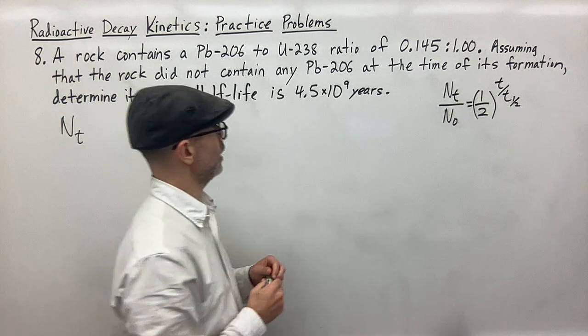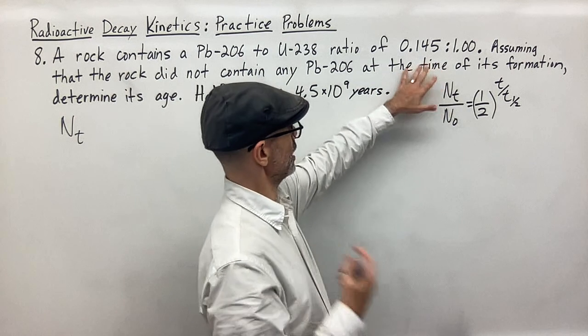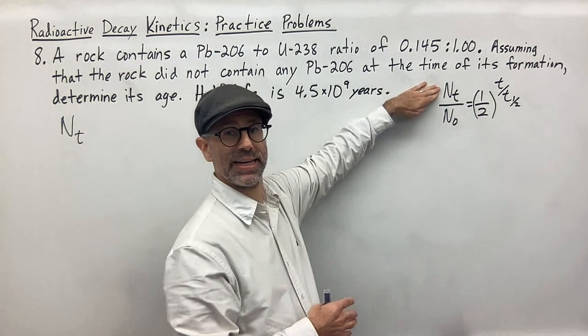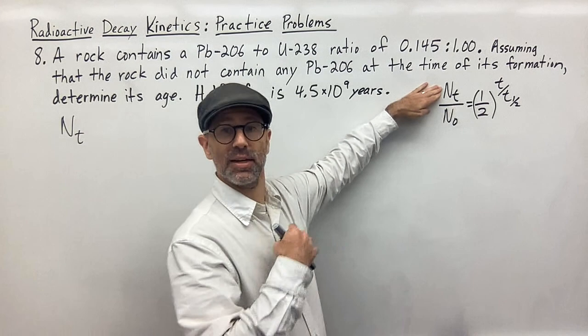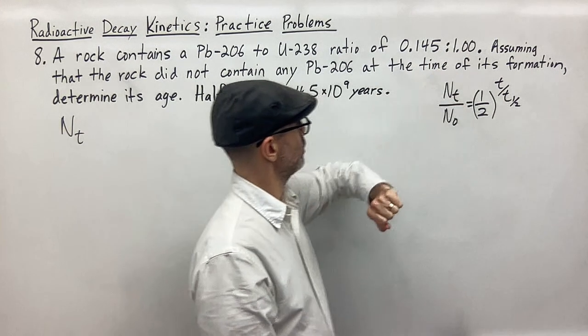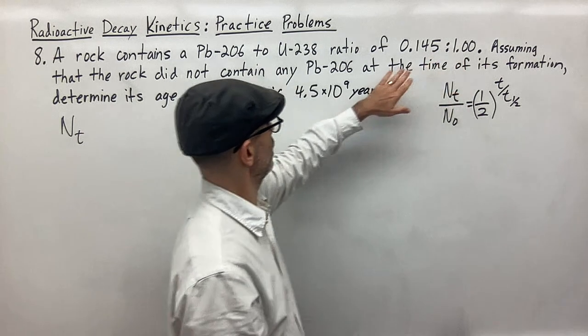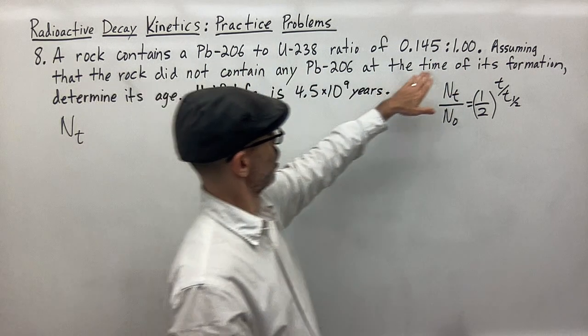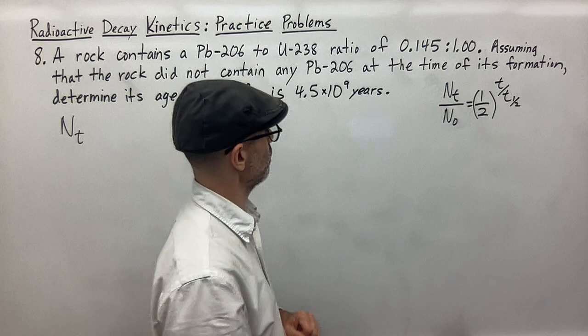So if we use this ratio as the actual numbers, then the amount that we have right now at time t is 1 gram, because that's what we have left. The ratio right now is lead to uranium, so according to this, we have 1 gram left.